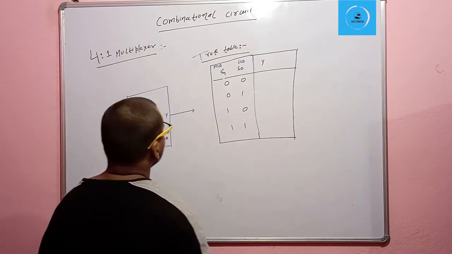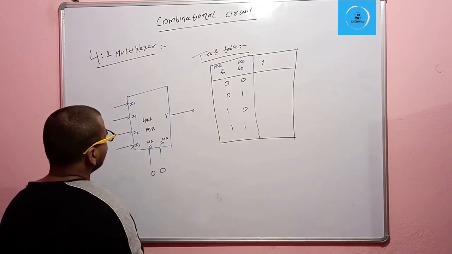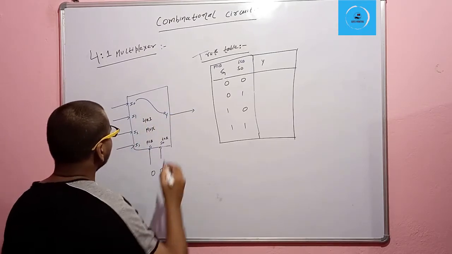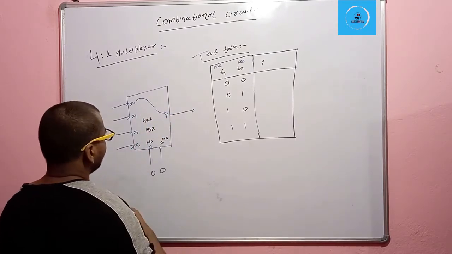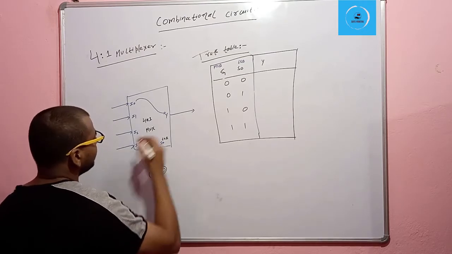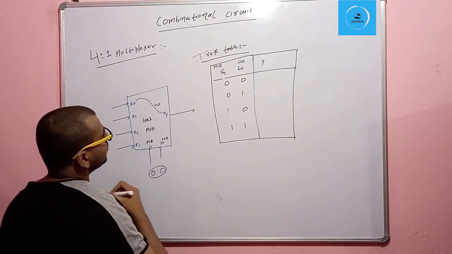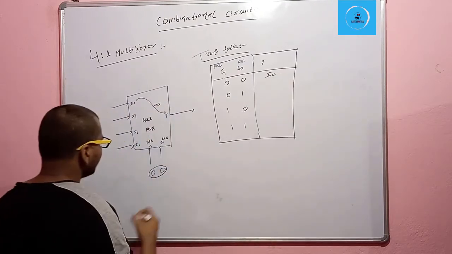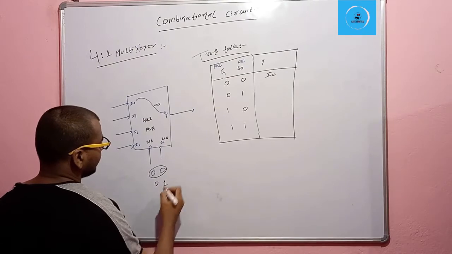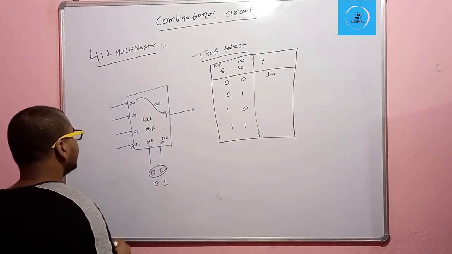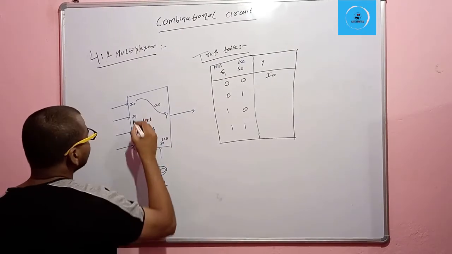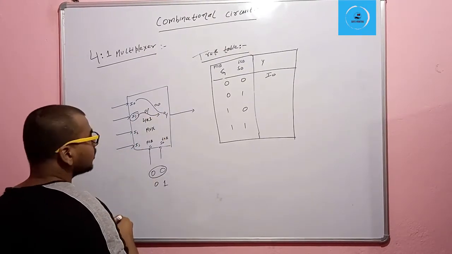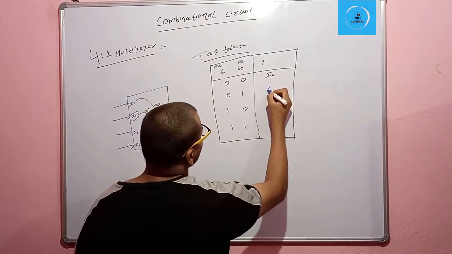When the select lines are 00, then I0 will be selected to the output. So for 00, I0. When we give the select lines as 01, then I1 will be present as the output. So for 01, I1.